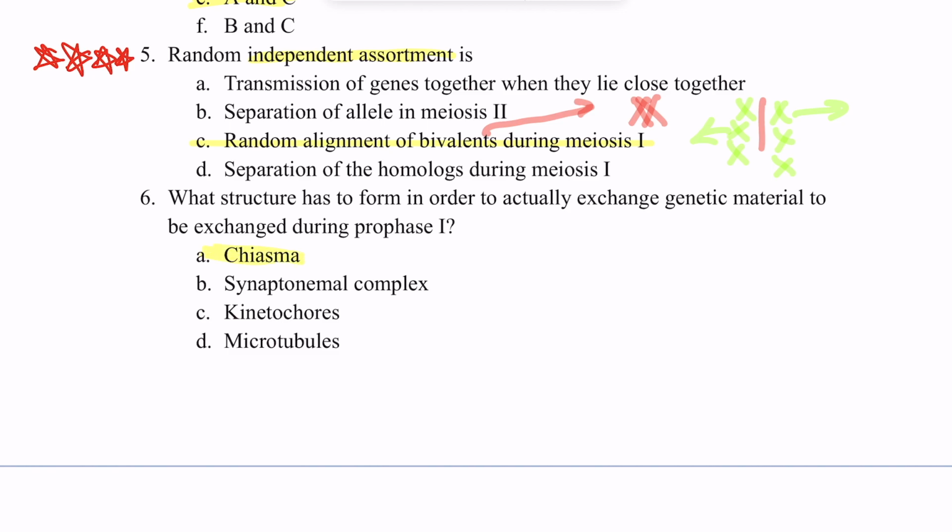A is correct, chiasma. Right? You have to do synapsis. But synapsis comes first, right? Synapsis is gluing these chromosomes together. But to actually exchange genetic material, the chiasma actually has to form, which is the physical connection, which allows for those genetic combinations to be exchanged. So that's why 6A is the correct answer.